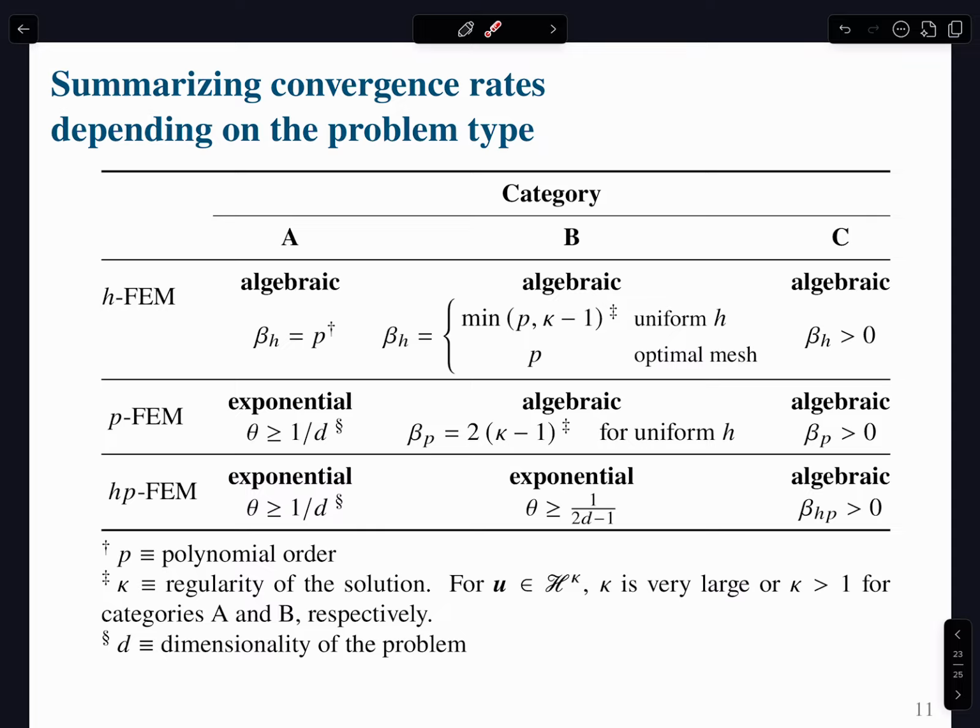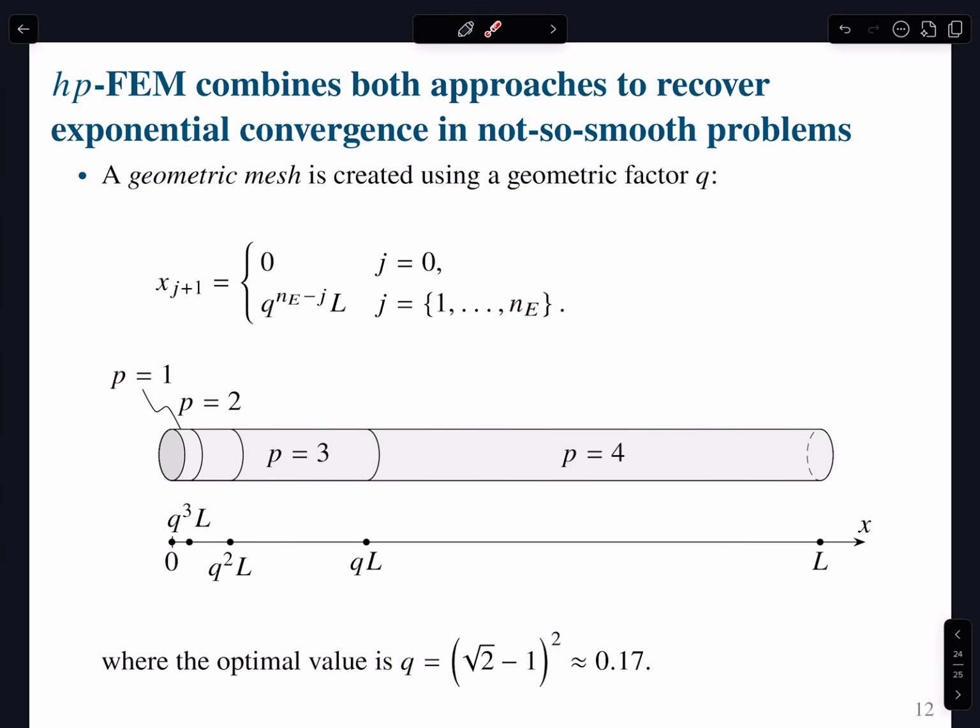But of course, you have to do something special on the way you define your polynomial interpolation order in your elements as you are approaching the singularity, and also you have to do something with the mesh. Some work has been done on this, and a very nice way to structure your mesh to recover that exponential convergence rate for problems in category B is shown here.